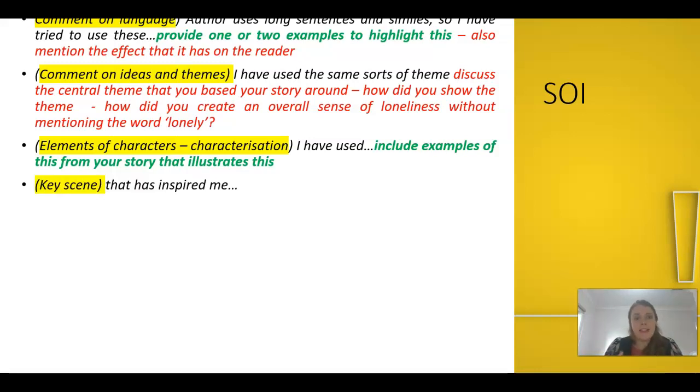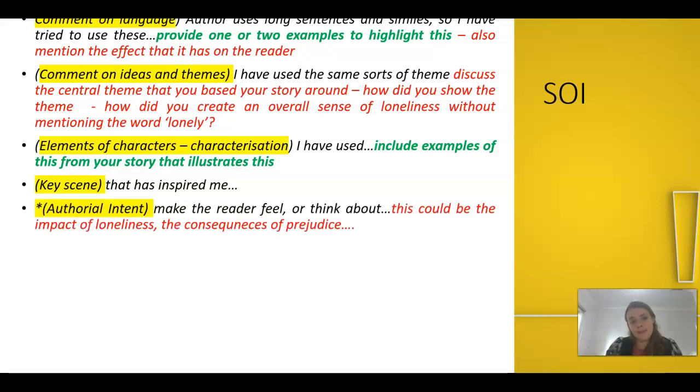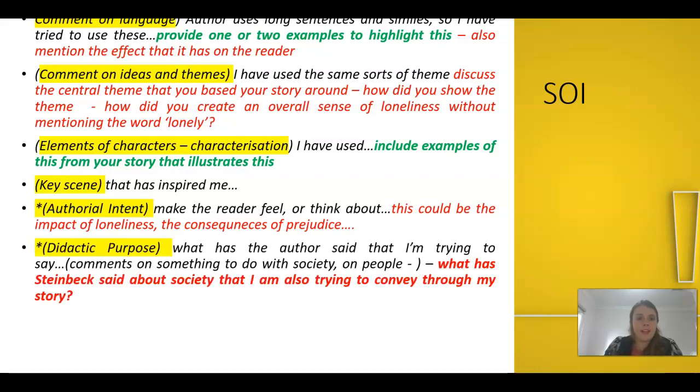The key scene that has inspired me is authorial intent. So the similes make the reader feel or think about, you know, these themes. And didactic purpose, that's just a fancy way of saying what is the author's message. So what is Steinbeck trying to tell us in this book about the American dream, about society?